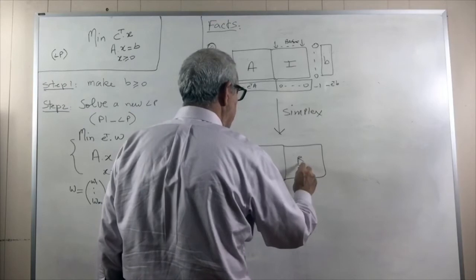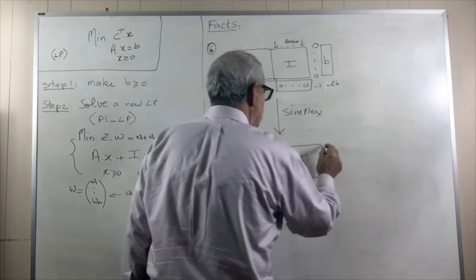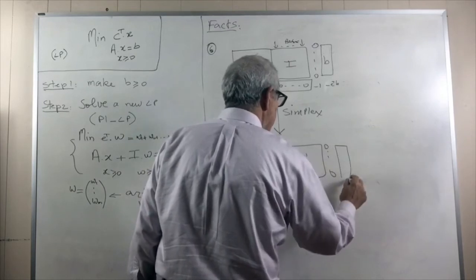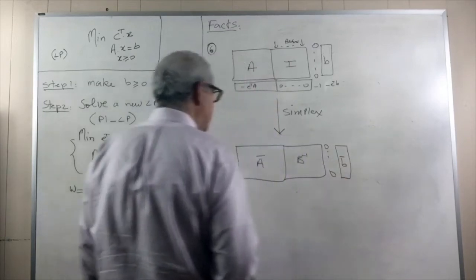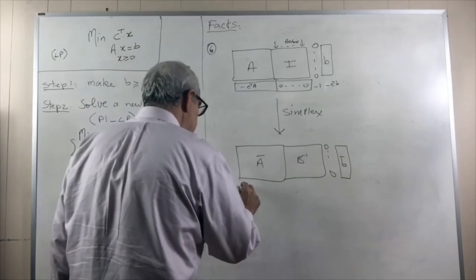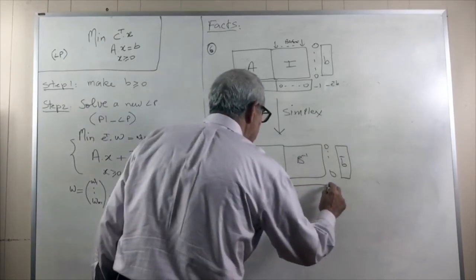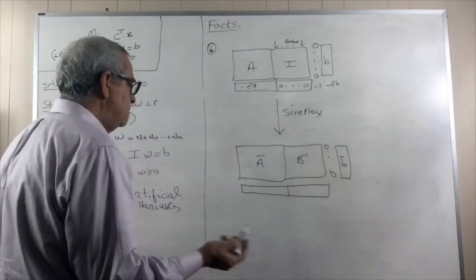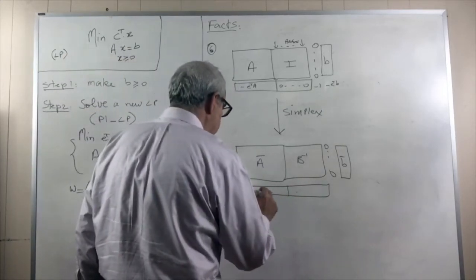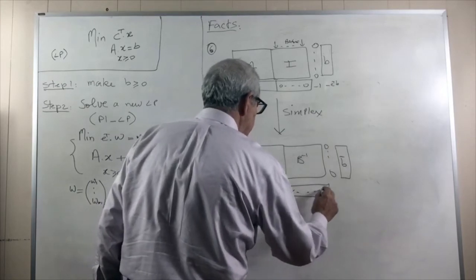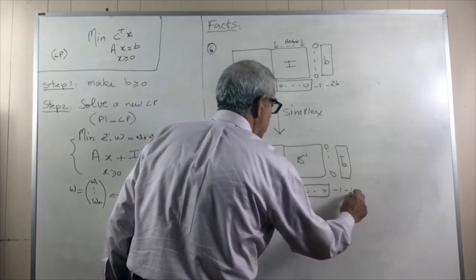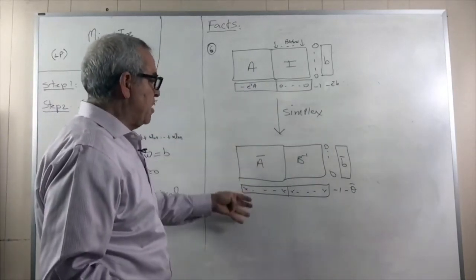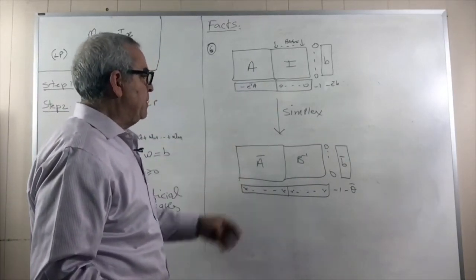Here, of course, goes B inverse. Here, 0, 0, 0. This is B bar, right? And then here, whatever it is, minus 1, minus theta bar. Let's say through the simplex we were able to solve the problem, and this is the final simplex tableau.